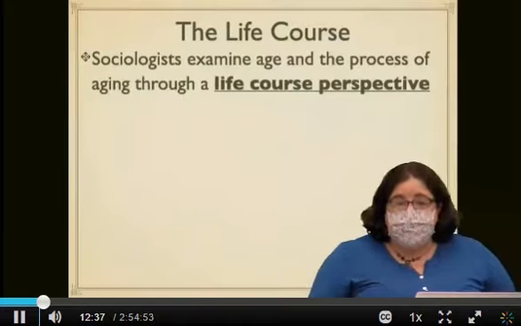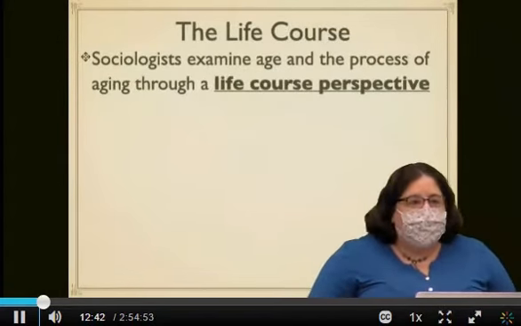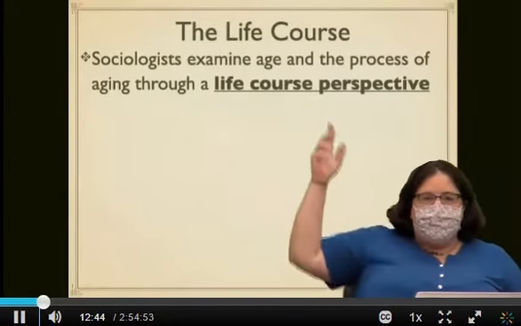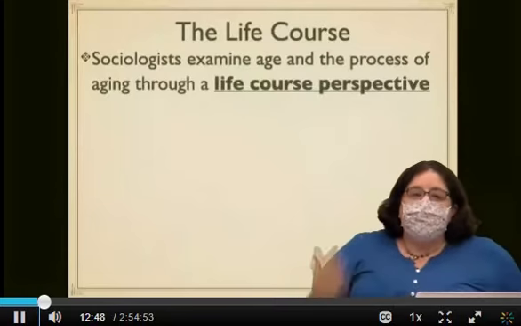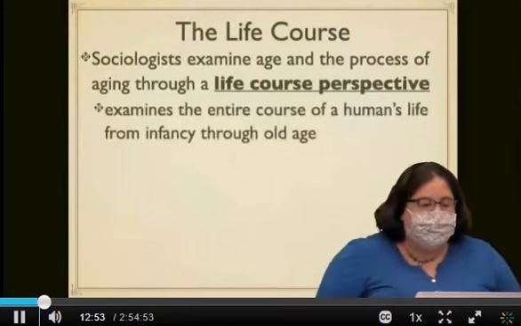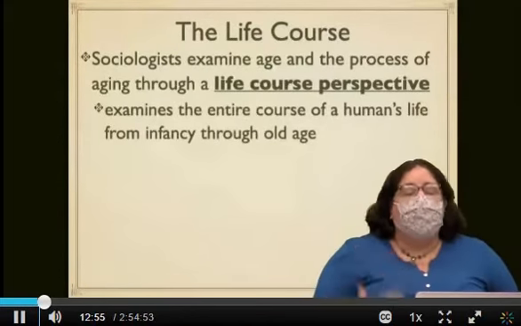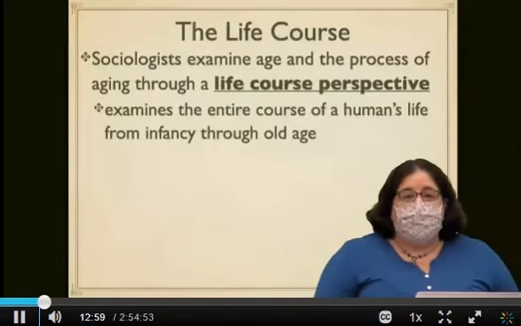This is different from, let's say, biologists or natural scientists who study the process of aging in cells and things like that. What social scientists study is something called the life course perspective. It examines the entire course of a person's life from infancy through old age.